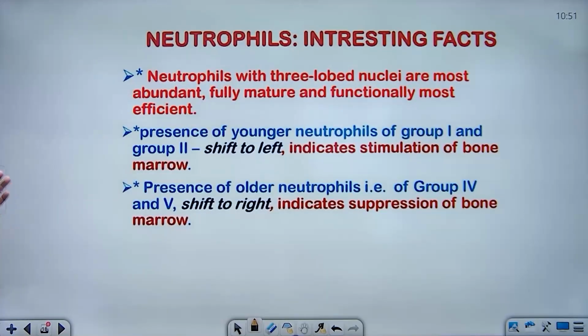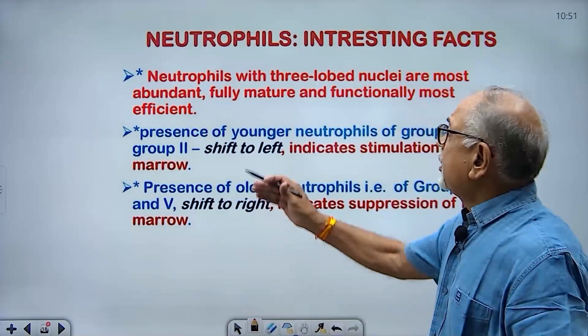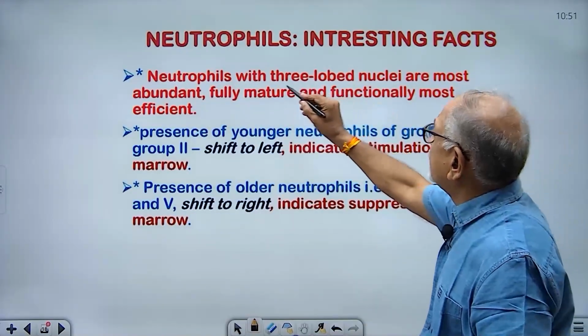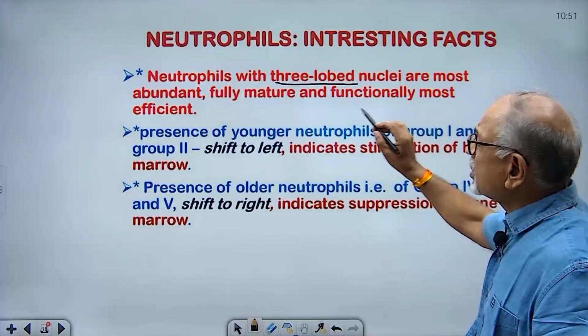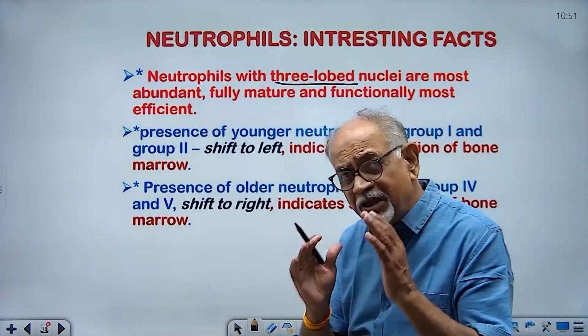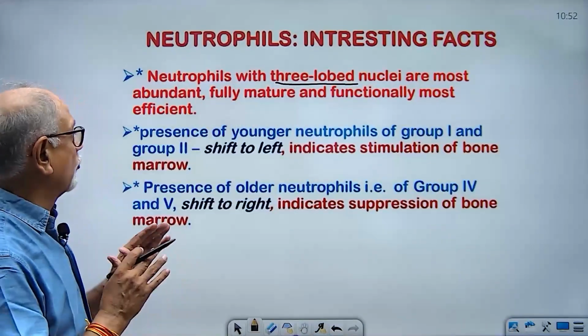Now, as I just mentioned, the neutrophils with 3 lobed nuclei are most abundant, they are fully mature and most active neutrophils.